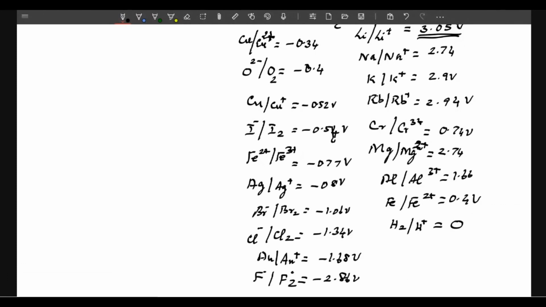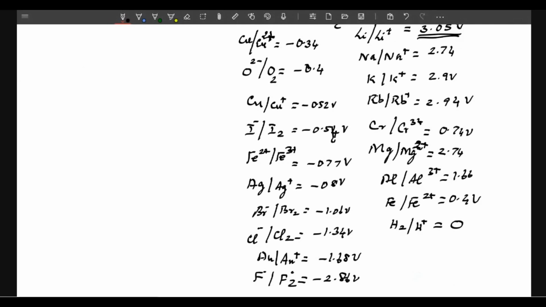In this oxidation potential table, lithium is at the top level and fluorine at the lowest level. Majority of the questions can be asked making use of this electrode potential. Once again, the potential values are given for the release of one electron only, not the entire number of electrons.